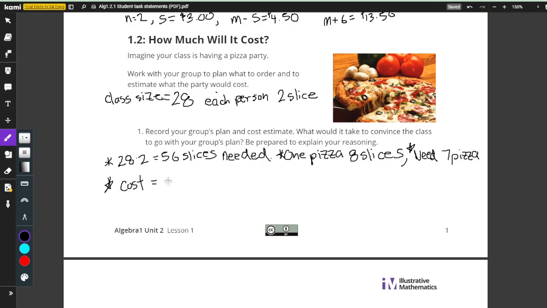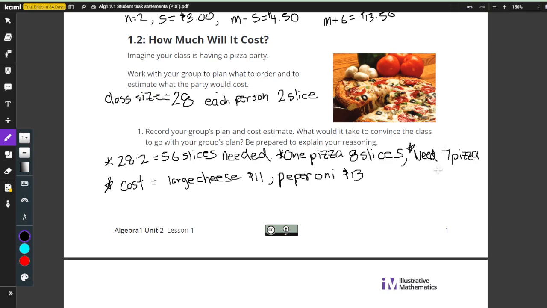So let's say a large cheese is $11, and pepperoni is $13 per pizza. So now we can go through our entire thing and figure it out.